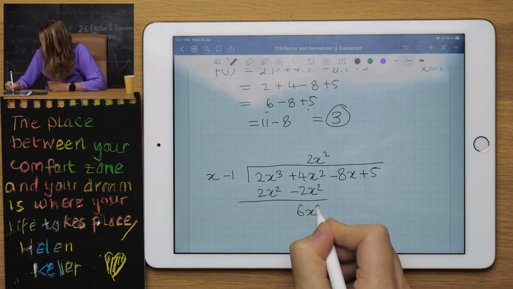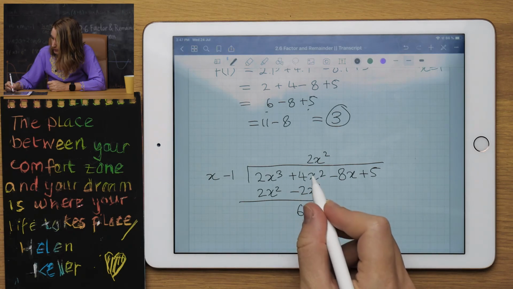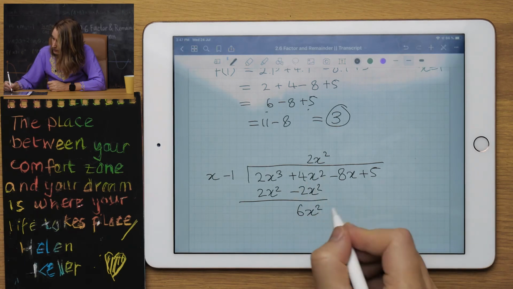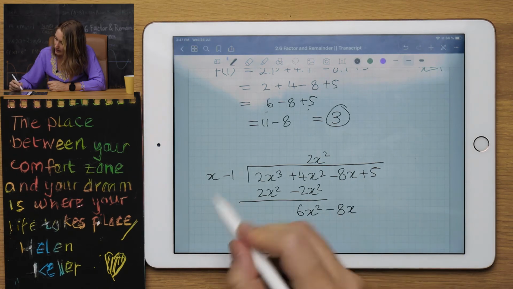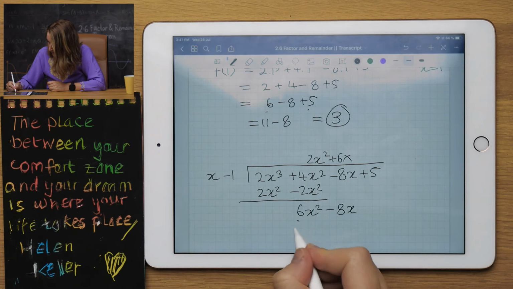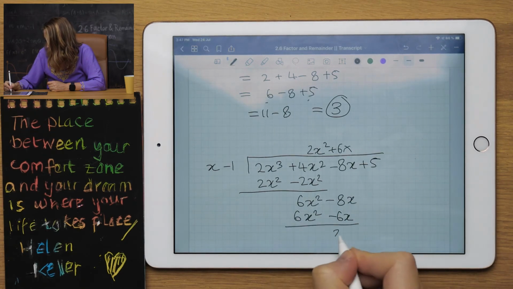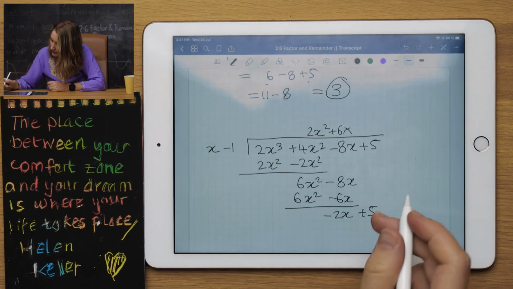Here we go, plus 4x squared double minus on the 2x squared. 4x squared plus 2x squared, bring down the minus 8x plus 6x minus 6x. That would leave me a remainder of minus 2x plus 5.